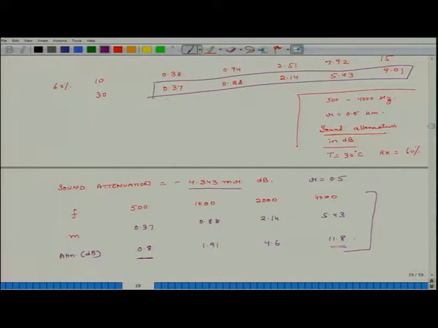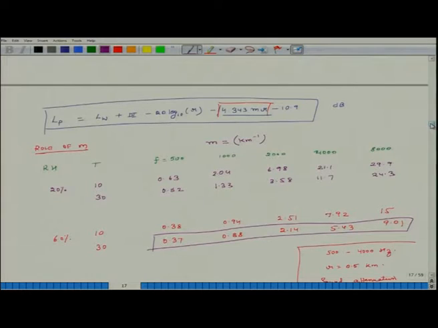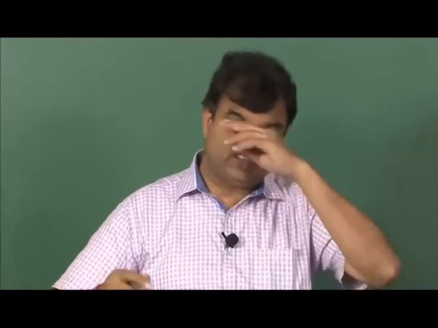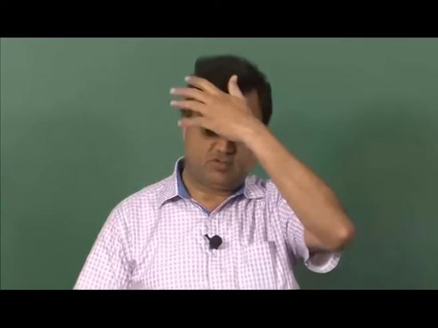And the last thing is that, remember, this relation is true when the sound source object is located in free space and there are no reflecting surfaces anywhere around it. Okay.